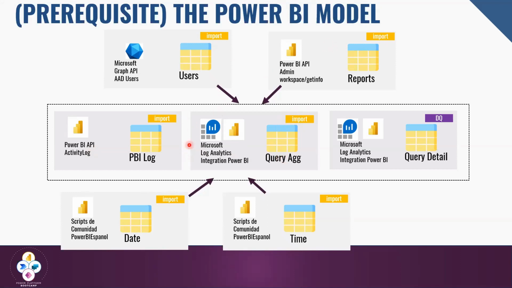And we store all these dimensions and these 2 fact tables as import in memory. Actually, it's not big. Even the activity log is not that big, so it's a really reasonable Power BI model in our capacity. And the last one is the direct query connection to the log analytics.